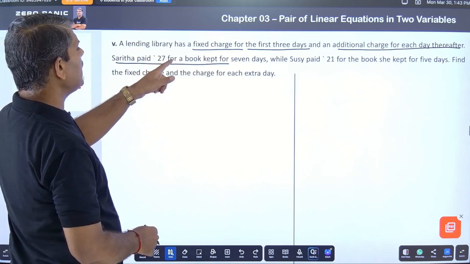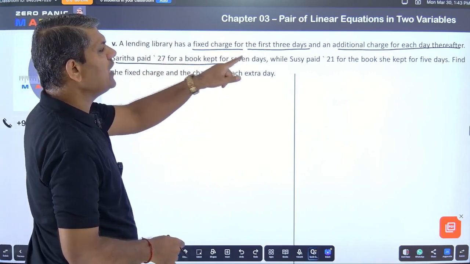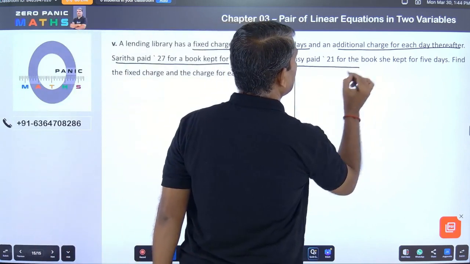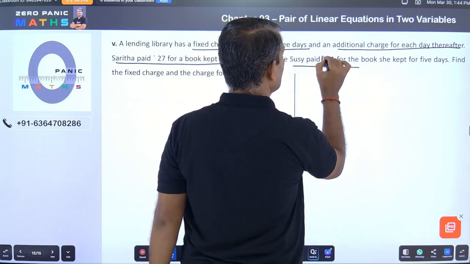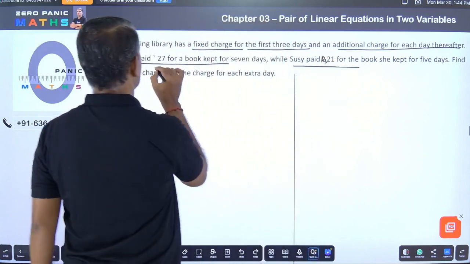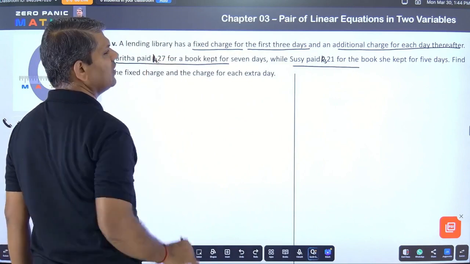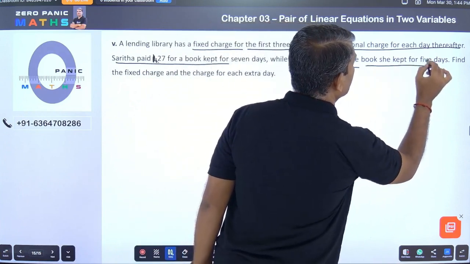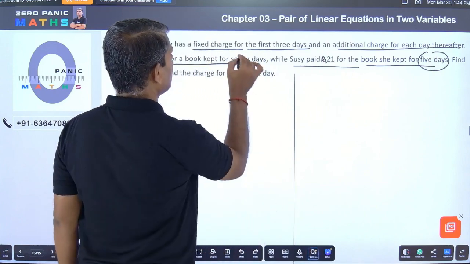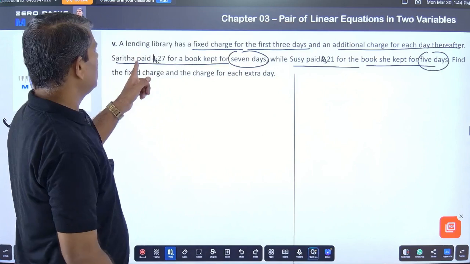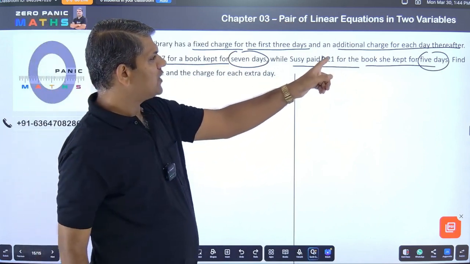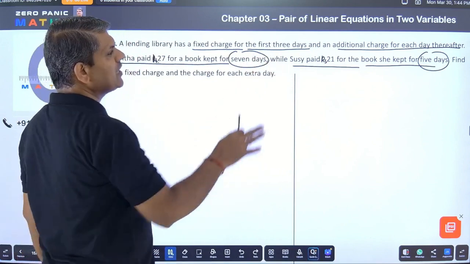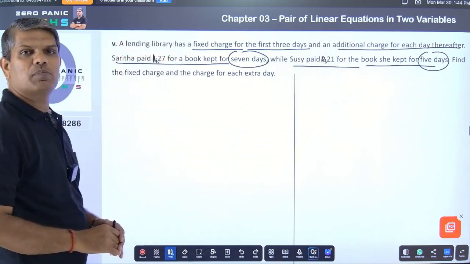Sarita paid 27 rupees for a book kept for 7 days, while Susie paid 21 rupees for the book she kept for 5 days. Mark those also: 7 days 27, and 5 days 21. For 3 days it is a fixed charge, and for the additional days it is a per day charge.